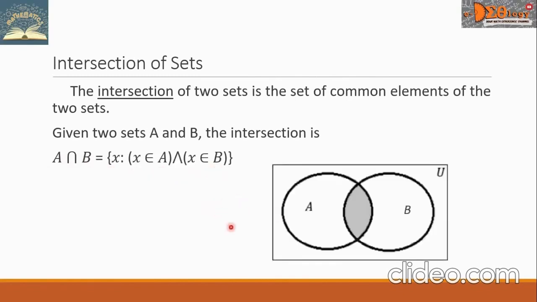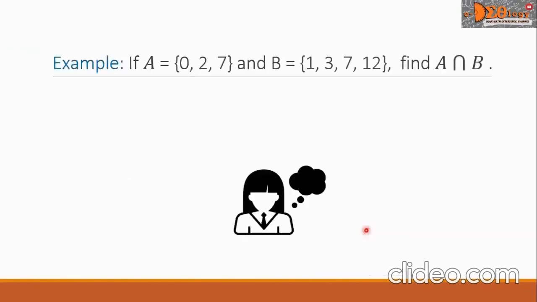Using Venn diagram, this is our illustration. We have the set A and set B, and we say that the A intersect B is this shaded part. Let us see this example.